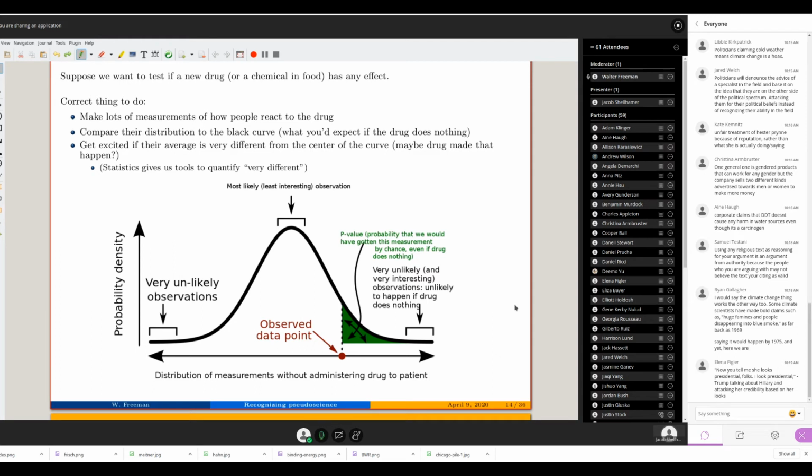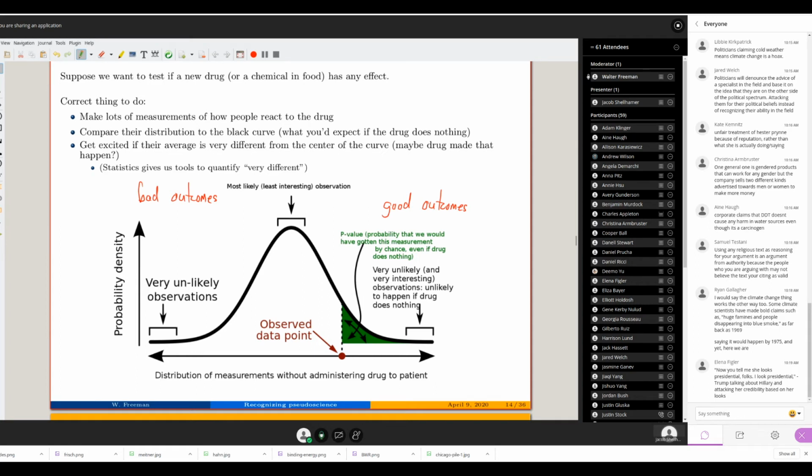So on the left side of the curve, I'll switch to red here, we'll say that this curve has the bad outcomes over here on the left and the good outcomes over here on the right. So this is what happens to patients without this drug.